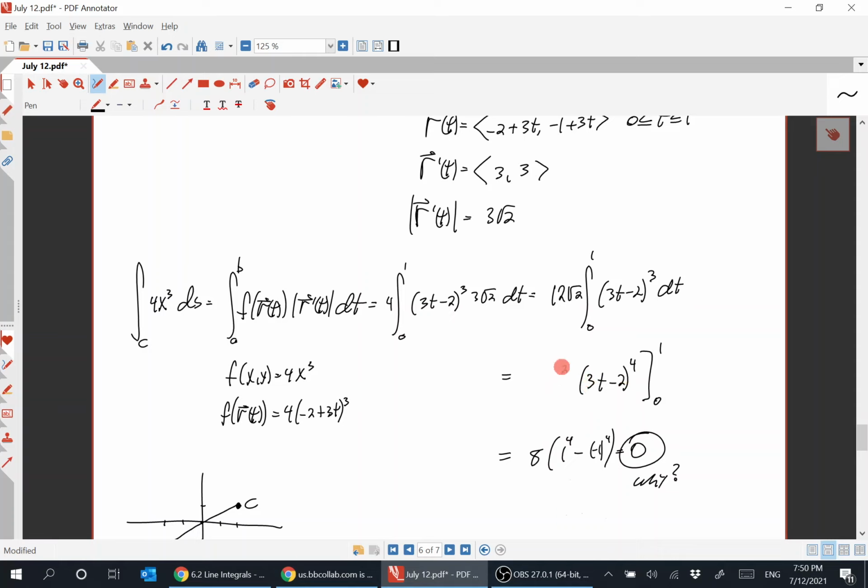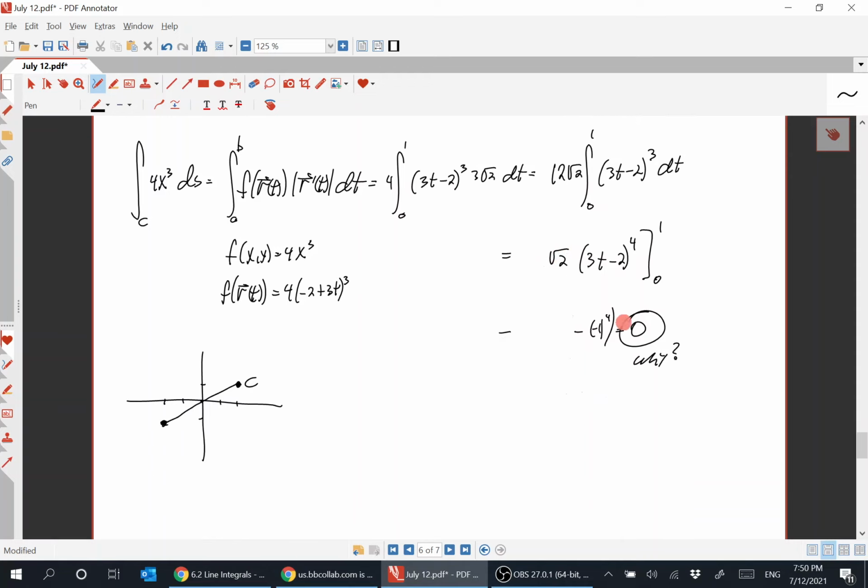So over 12, so this is going to be square root 2. Let's double check that. So I think it's 1/12, (3t minus 2) to the fourth. So the derivative here is 4 over 12, (3t minus 2) to the third times 3. Yes. So it's just square root 2.